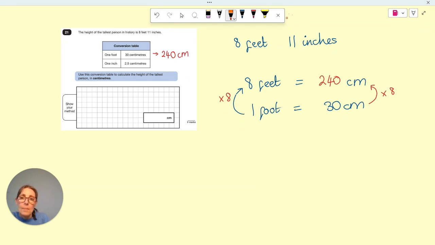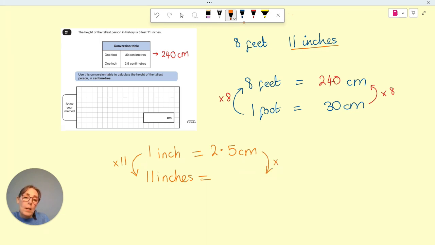I've got 1 inch is equal to 2.5 centimeters, and these are approximations, but this is the information we've been told. Now we've got 11 inches here. 1 multiplied by 11 is 11. So what is 2.5 multiplied by 11?